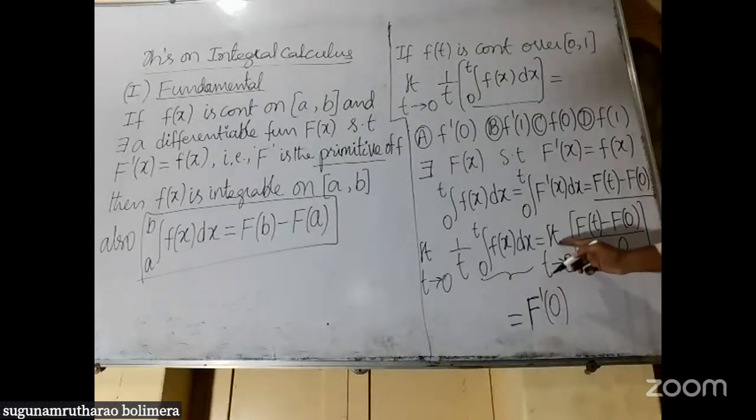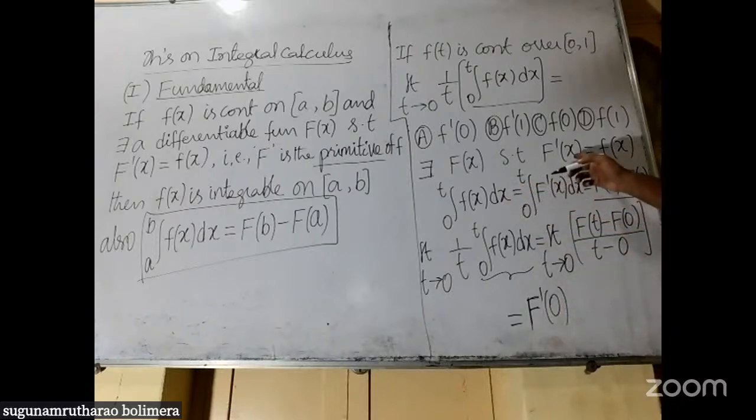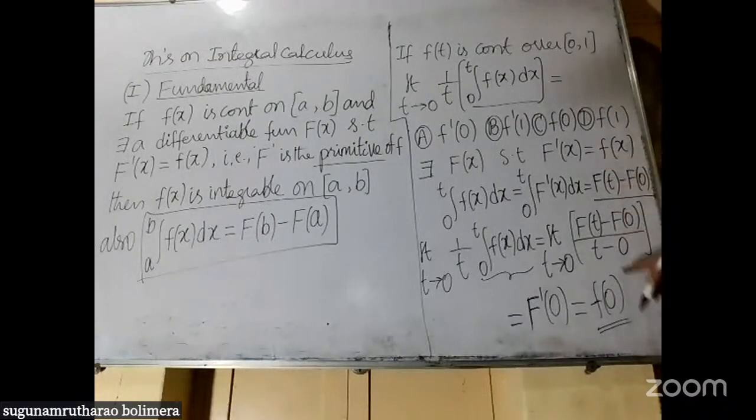This is the definition of derivative of capital F. But what is capital F dash? It is nothing but small f. So this value is nothing but small f of 0. So small f of 0 is the answer. Please note down. Make it quick.